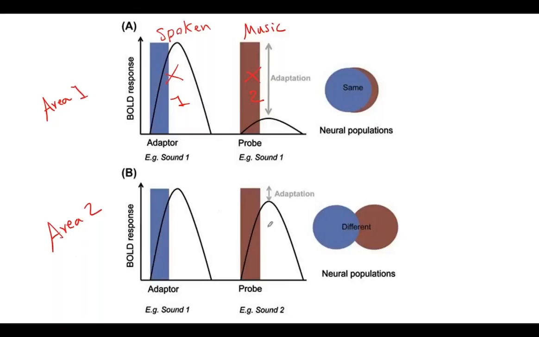But when we have area 2, which is still responsive to the second sound, it means that there are neurons here that are related to spoken sound, and there are neurons that are related to the music, and they are all in the same place. So the level of adaptation is really low. We have activation with these neurons the first time, and then we have activation with these neurons the second time.